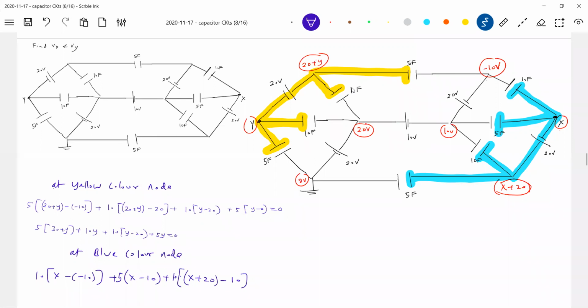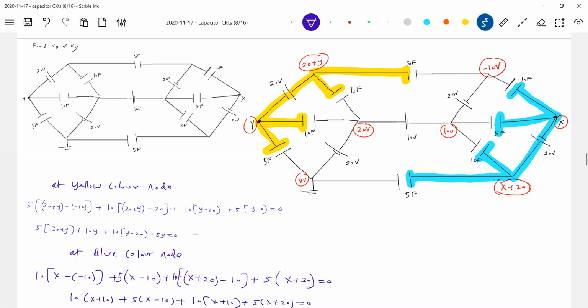This is 10. This will be 5 into, equal to 0. So this will be 10 into (x plus 10), 5 into (x minus 10). This will be 10 into (x plus 10).